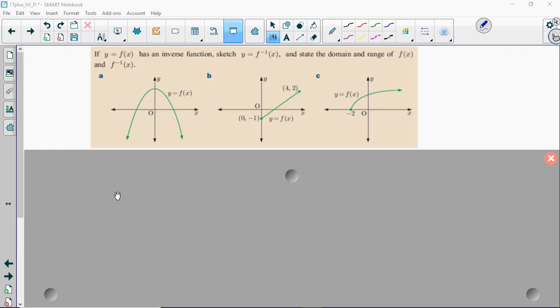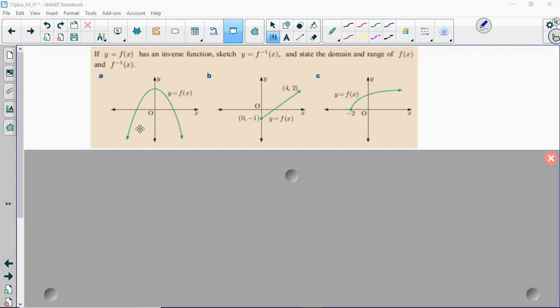So here are three functions. These are all functions. We're going to determine if their inverse is a function, and then if it is, we're going to draw a quick sketch, and then we're going to state the domain and range of both. So our first one here. Well, if I check the horizontal line test, it pretty clearly fails it.